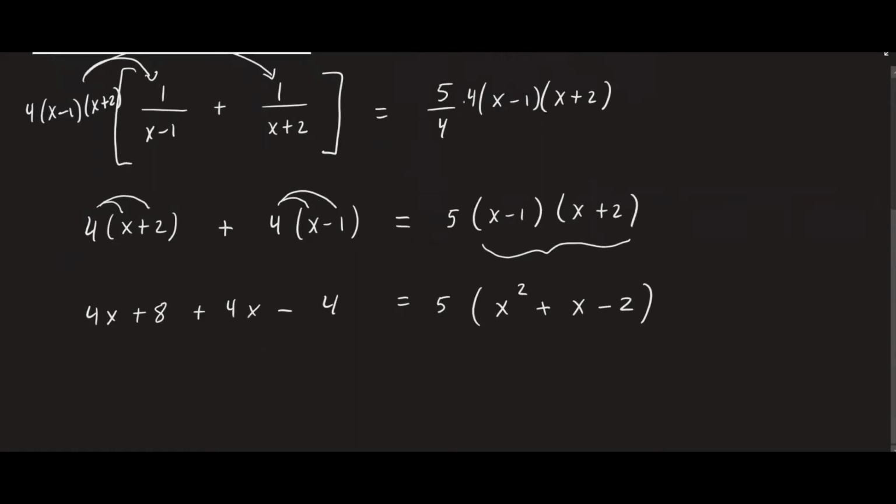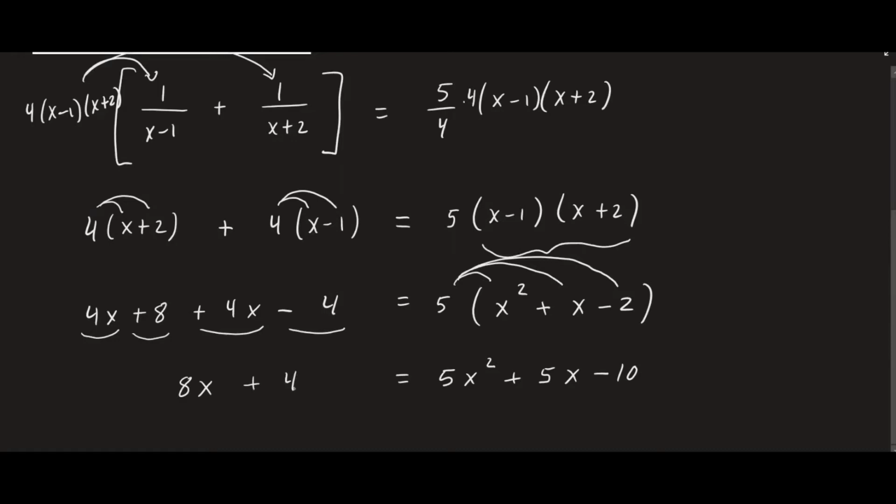And on the right side, we continue to distribute 5 to each term inside the parentheses. That will give us 5x squared plus 5x minus 10. And on the left side, we're going to combine like terms, 4x and 4x. That will give us 8x, and then 8 and negative 4, that's positive 4, equals all of that.